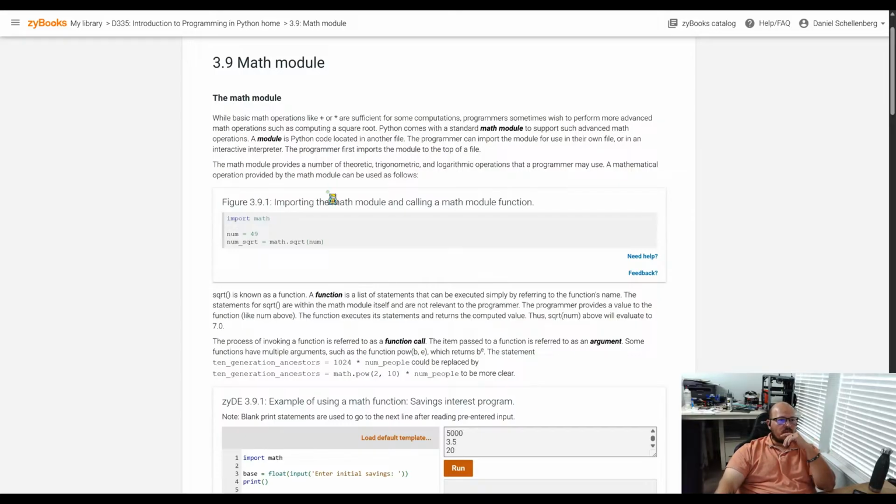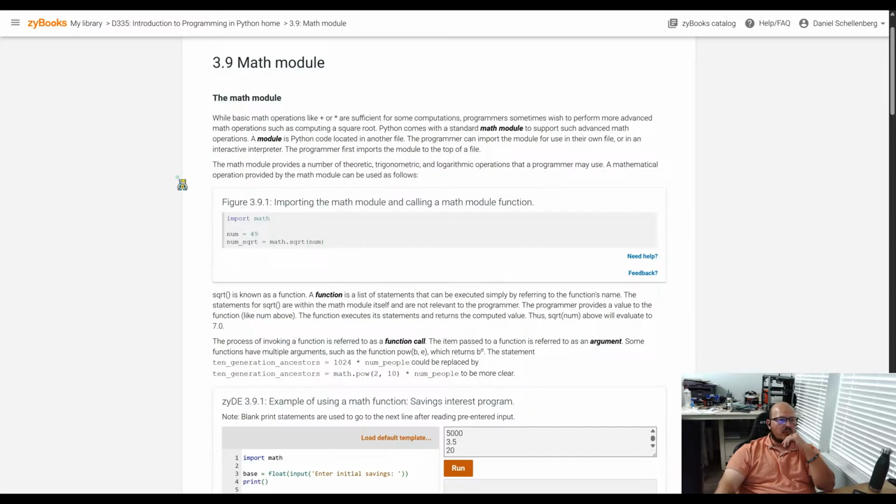The math module provides a number of number theoretic, trigonometric, and logarithmic operations that a programmer may use.